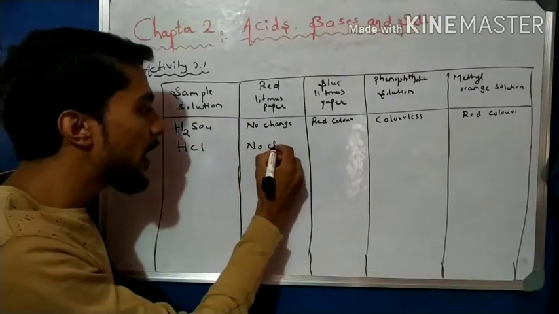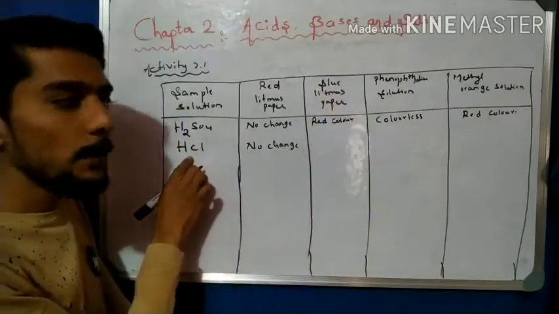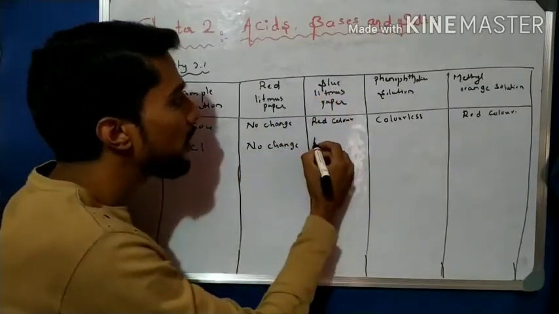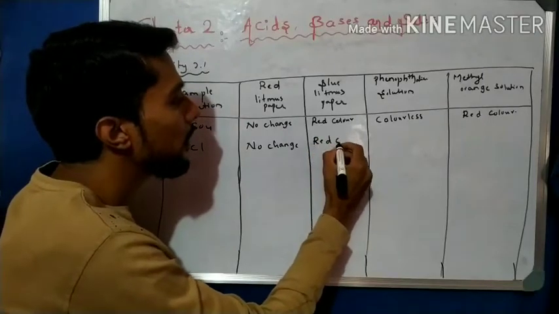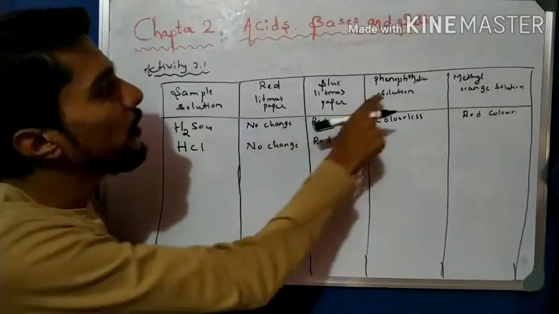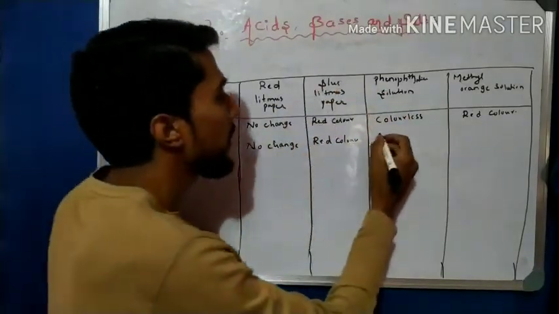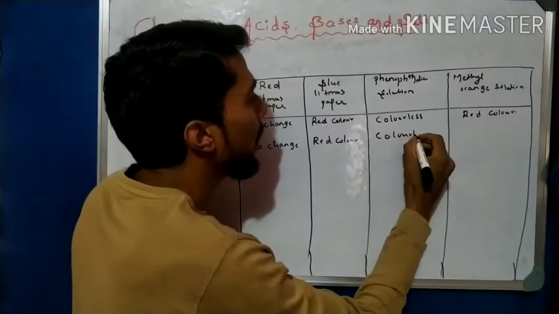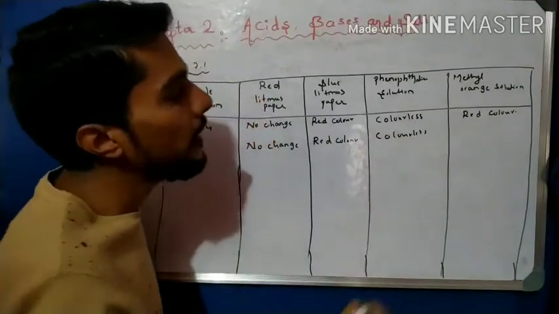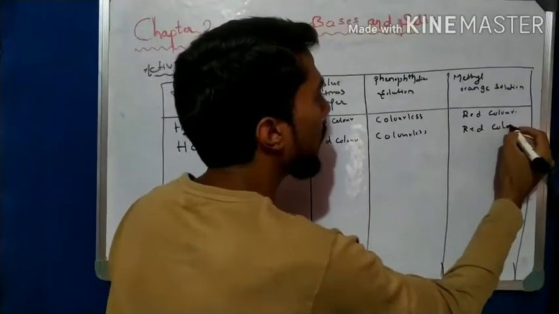Red is as it is, red. When blue is dipped in acid, it turns red. Now hydrochloric acid and phenolphthalein: when a few drops are added to the acid, it is colorless. For methyl orange it is red, because in acid it is red.